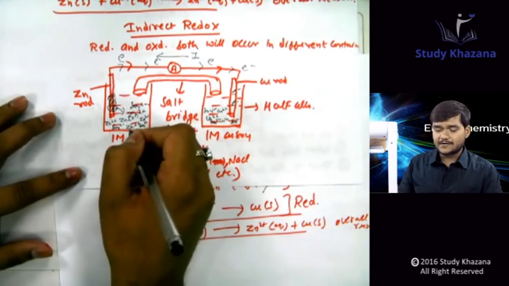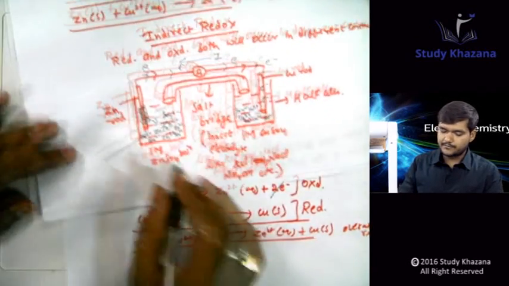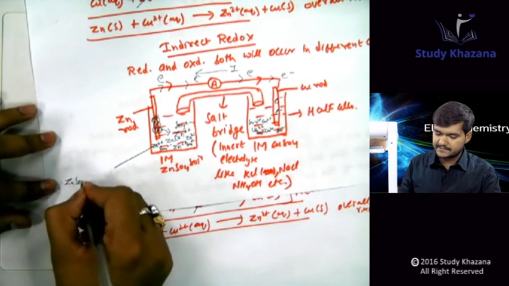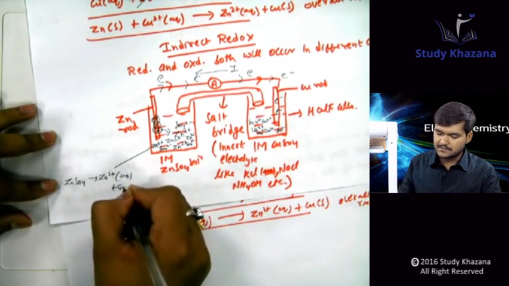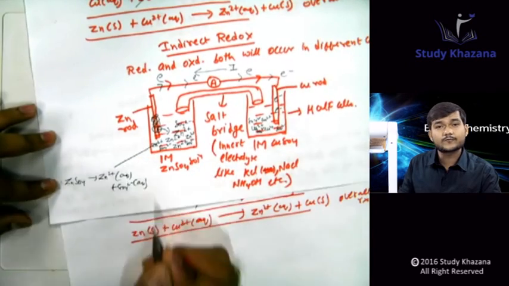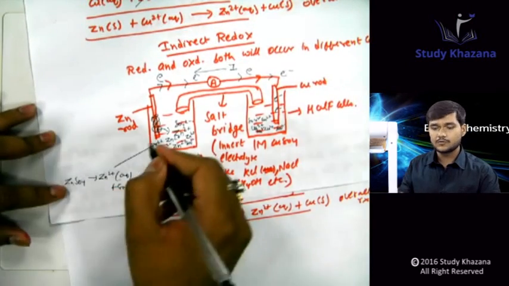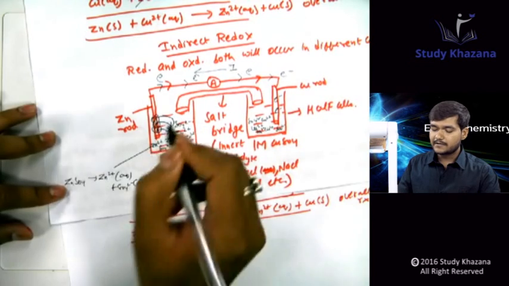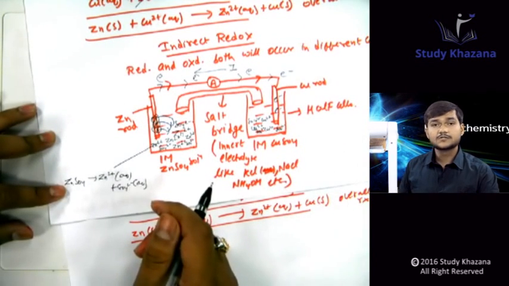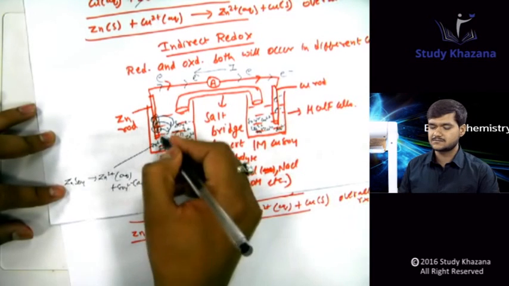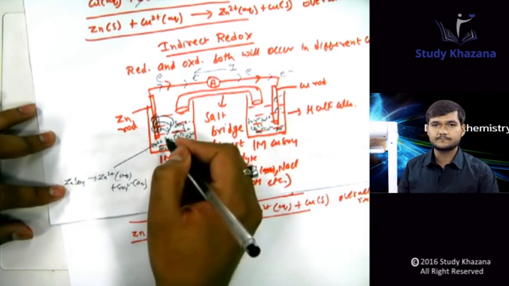Zn2+ ions are already present in the solution, because when ZnSO4 dissociates, it produces Zn2+ aqueous plus SO4 2- aqueous ions. Also Zn2+ ions are entering the solution from the zinc rod. So the population of zinc ions increases in the solution.